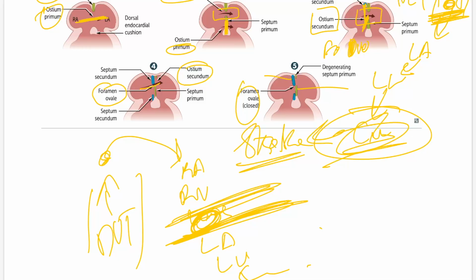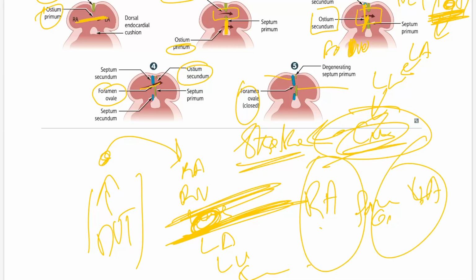But now here the problem is, if you have an opening, which is a foramen ovale, an opening from right atrium to left atrium, then as soon as some clot comes in here, it's going to go straight through the foramen ovale to the left atrium. From the left atrium, it goes straight into the left ventricle to systemic circulation, causing stroke.